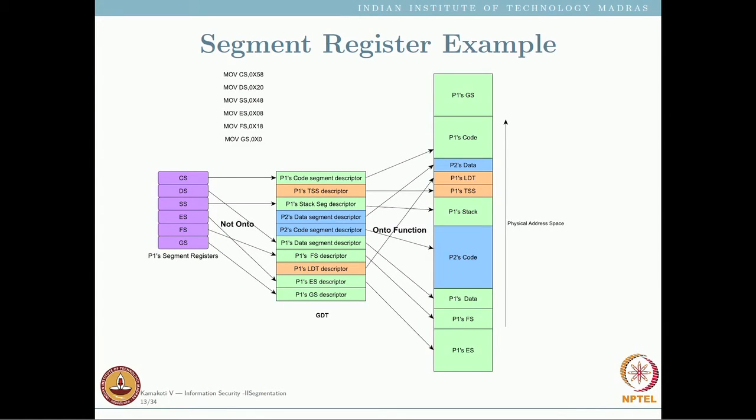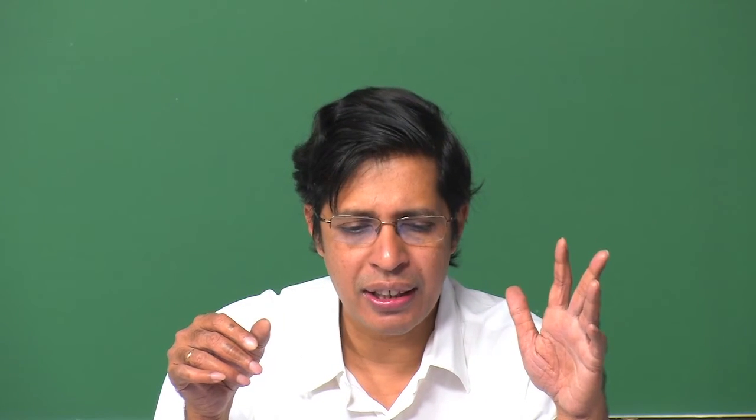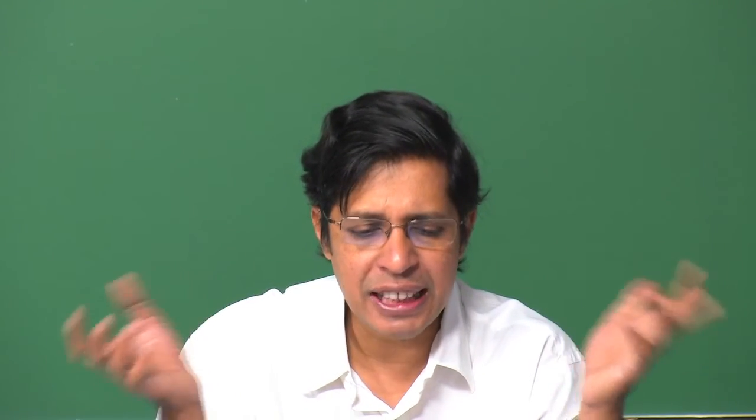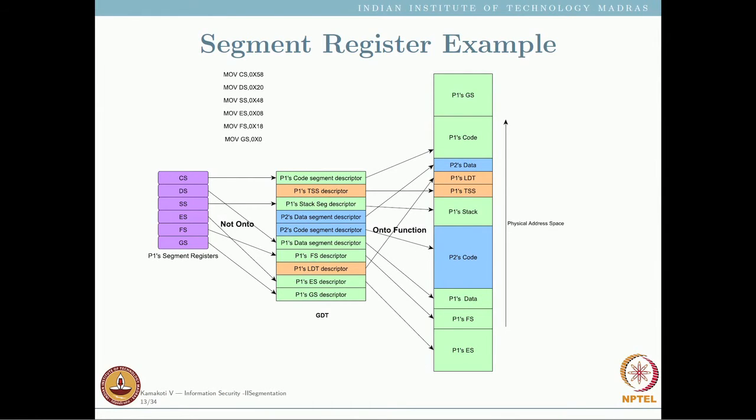So this is how, for example, let us say this is the GDT. The GDT grows from the bottom. The bottom, 0, actually cannot store anything. Please note the move statements on the left hand side top, move GS comma 0. I want GS to store a null descriptor.